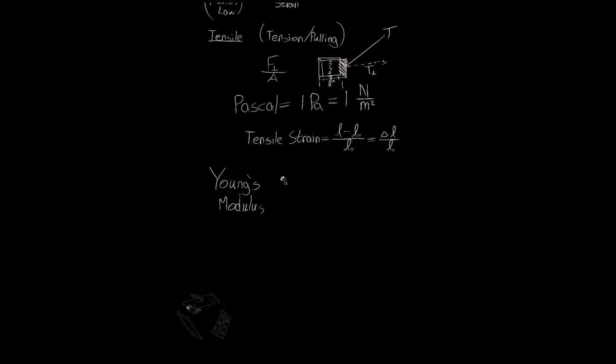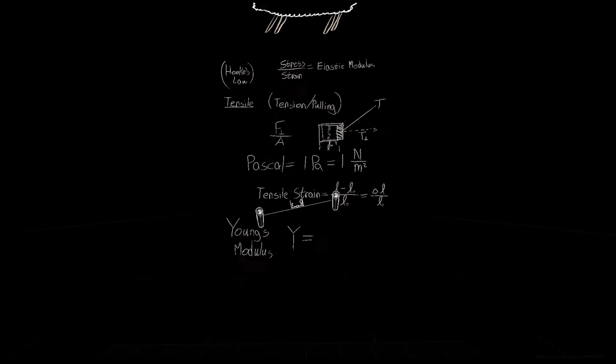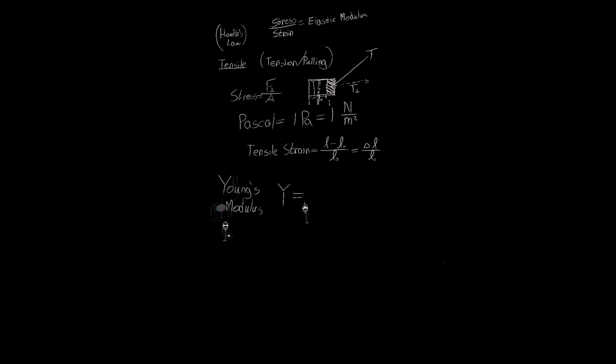And it's usually abbreviated with a Y. And it's stress over strain. And so the stress is this. I didn't write it out here. Stress was this one. That's tensile stress specifically. So we have F perpendicular over A, divided by the strain, which is delta L over L naught.